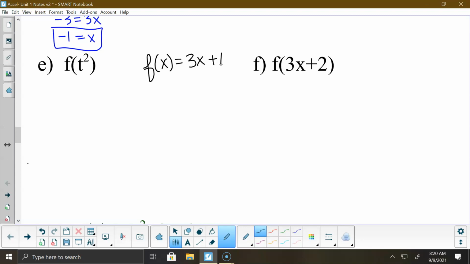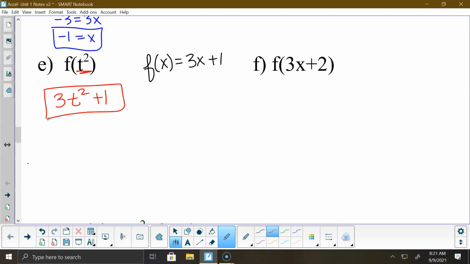All right. So what's it telling me to replace? The x value or the y value? You're literally just going 3 times t squared plus 1. That's it. You're done. All you've done is you've plugged in t squared for an x value. All right, substitution. That's it.